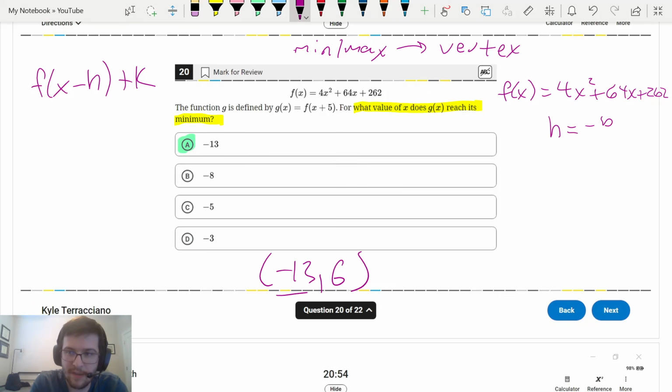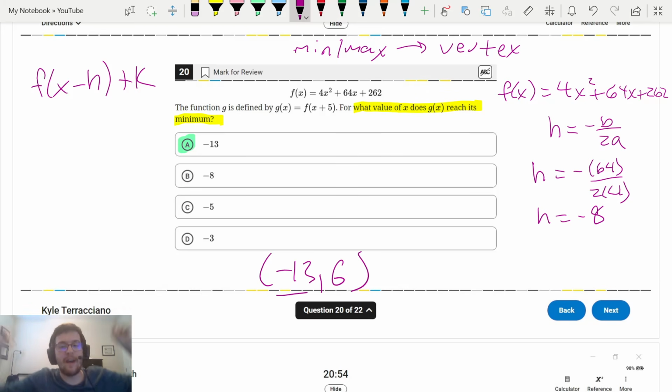H equals negative b over 2a. So h equals negative 64 over 2 times 4. And we get h equals negative 8. So for f of x, the minimum takes place at negative 8.